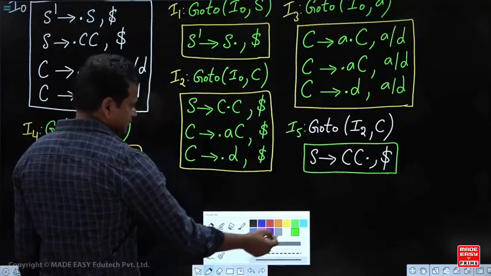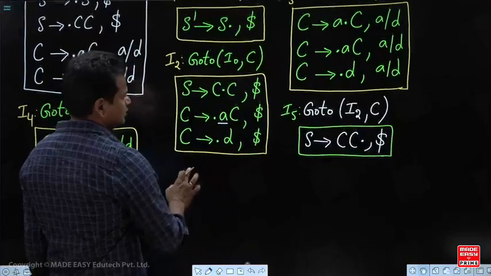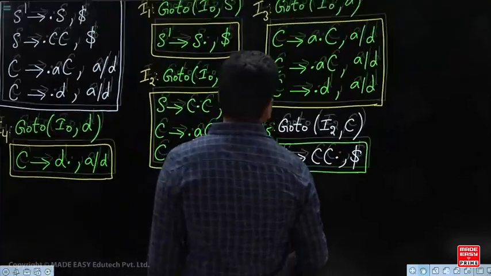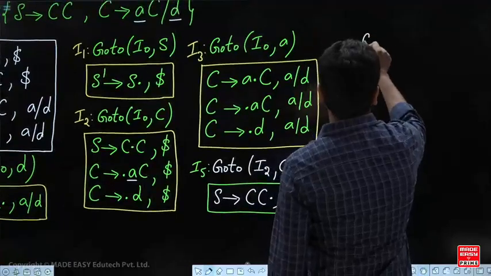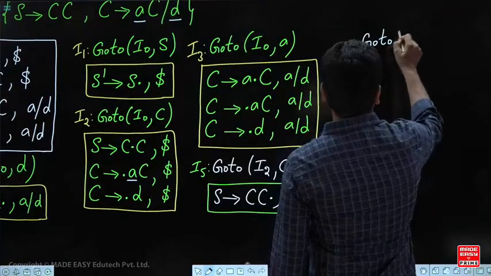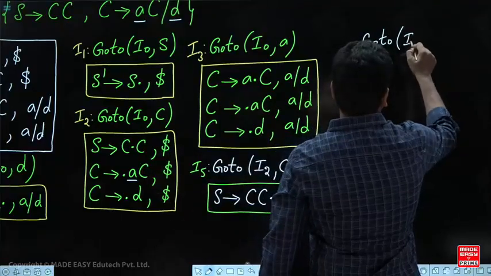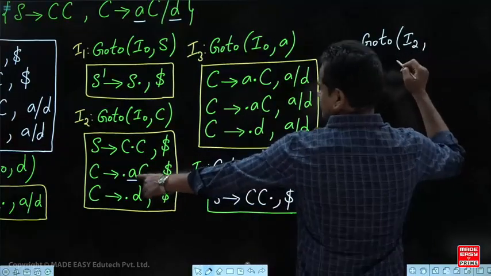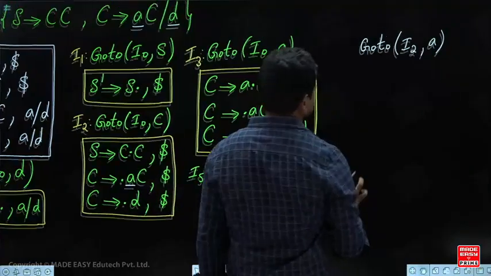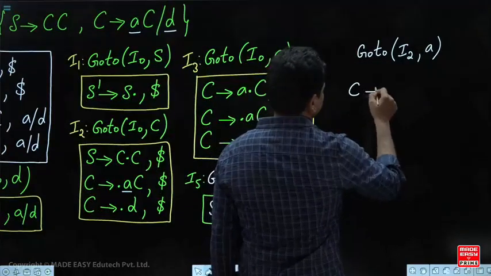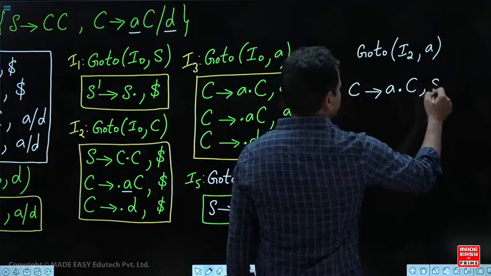Now come to the second production. The second one, this is done, and here. So I write here, Goto(I2, A). What will we get? Just move the dot. A dot C, comma dollar.